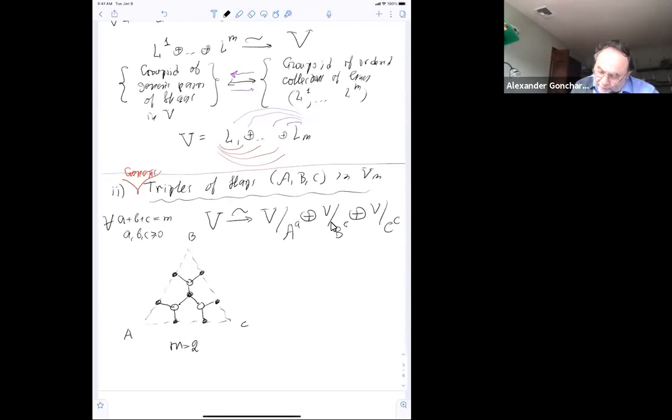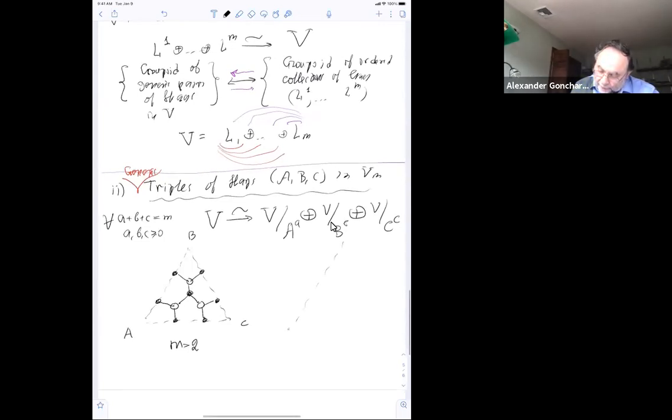Now, if m equals 3, you draw the following picture. So now you put 3 black points on each edge of the triangle and do something similar to what we did before. So you put white points like that.